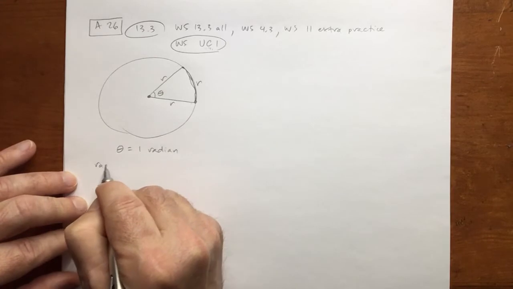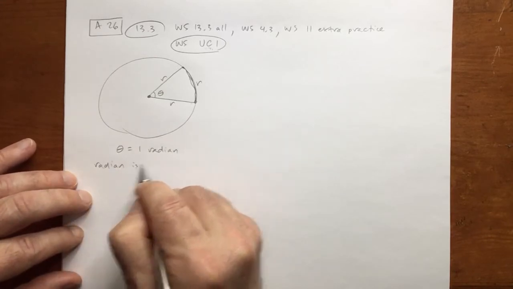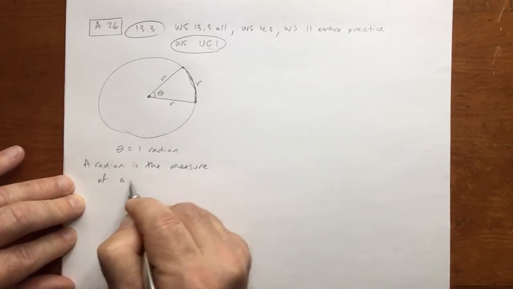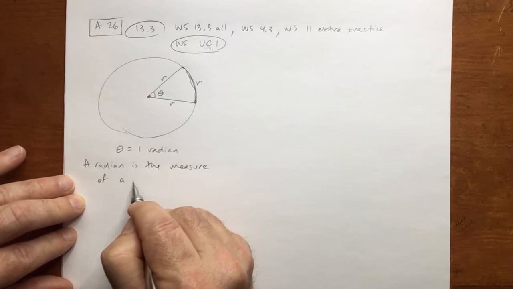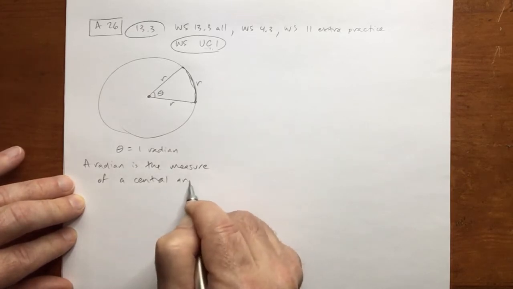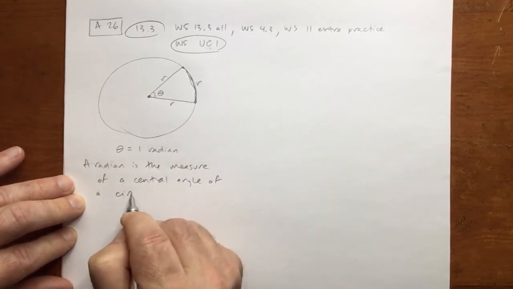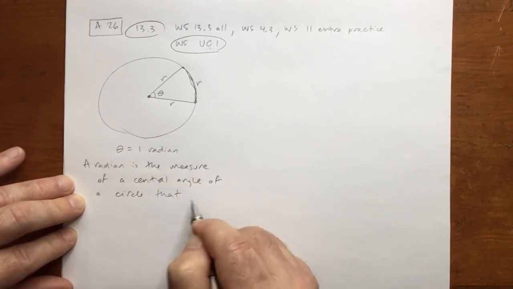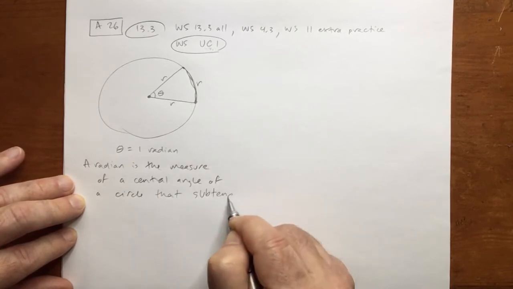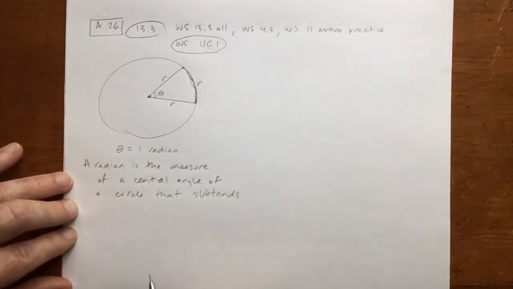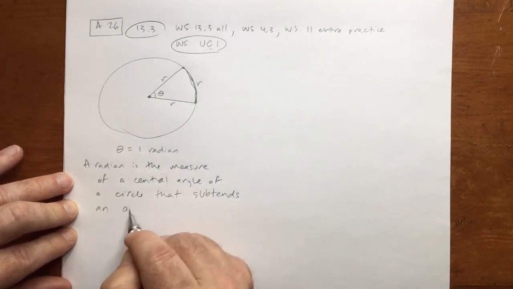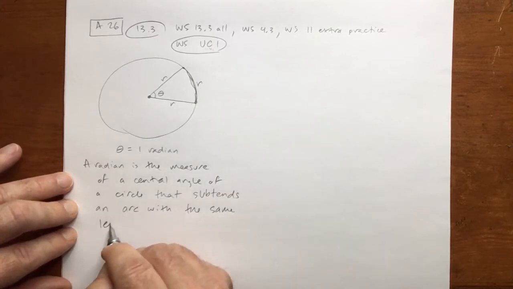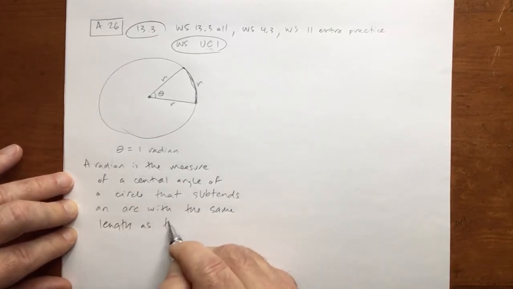So a radian is the measure of a central angle of a circle that subtends, cuts off, an arc with the same length as the radius.